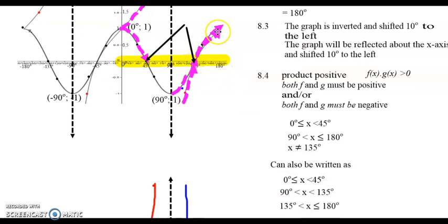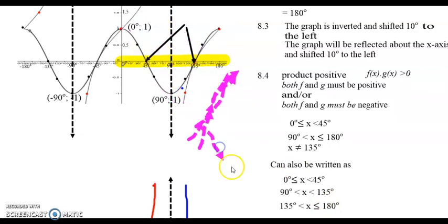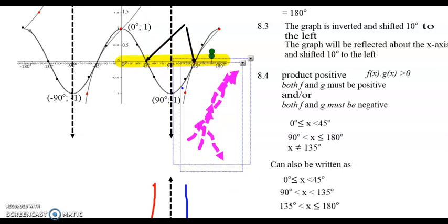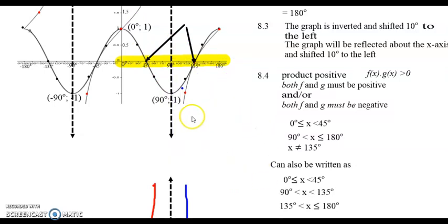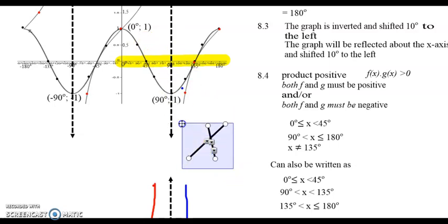Then from 135 to 180, and it includes 180 but excludes 135. I hope that was clear to you. If you missed it, maybe just rewind a little bit and view it again, because it's very, very tricky, and we also sometimes misinterpret the information that was asked.